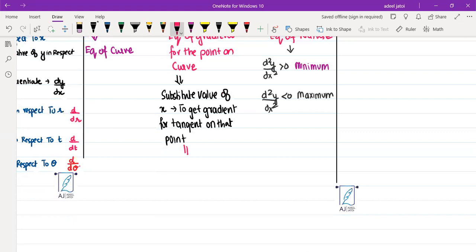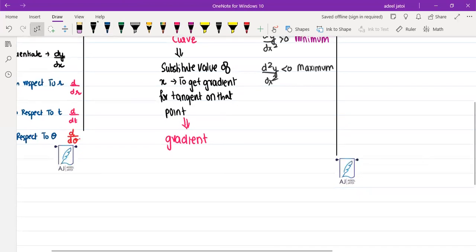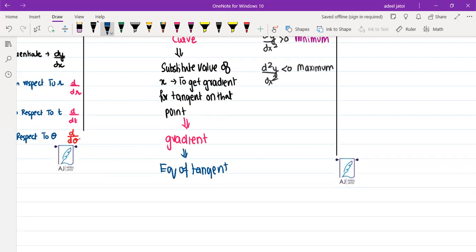Once we have the gradient, we can have the equation of tangent or the equation of normal.